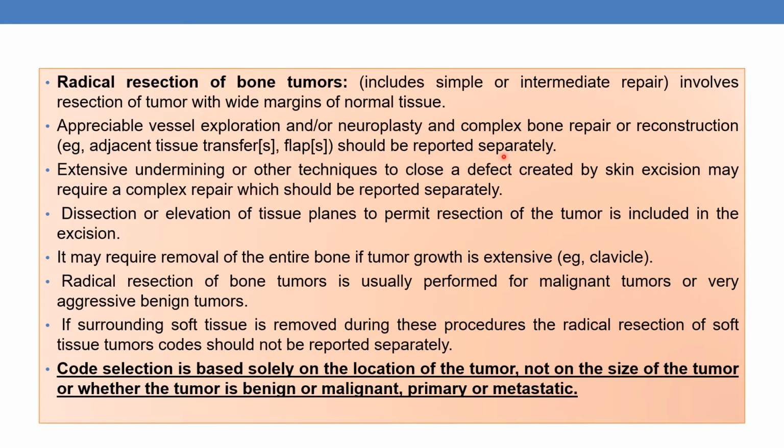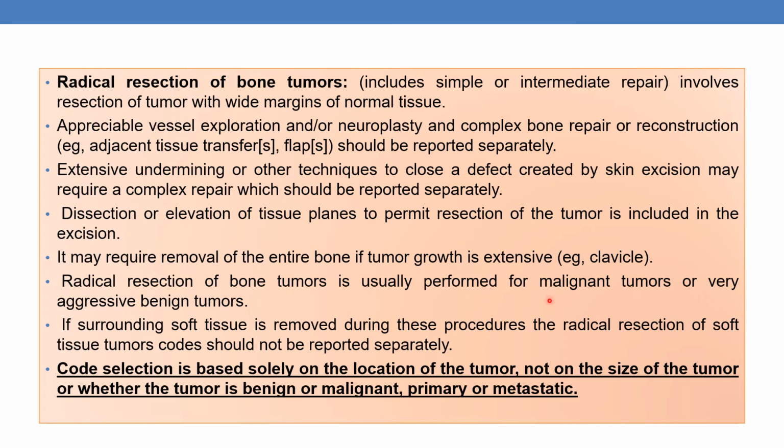Complex repair, as discussed earlier, which involves extensive undermining or other techniques to close a defect, should be reported separately, whereas dissection or elevation of tissue planes to permit the resection is included in radical resection, similar to that of excision. It may require removal of entire bone if tumor growth is extensive.